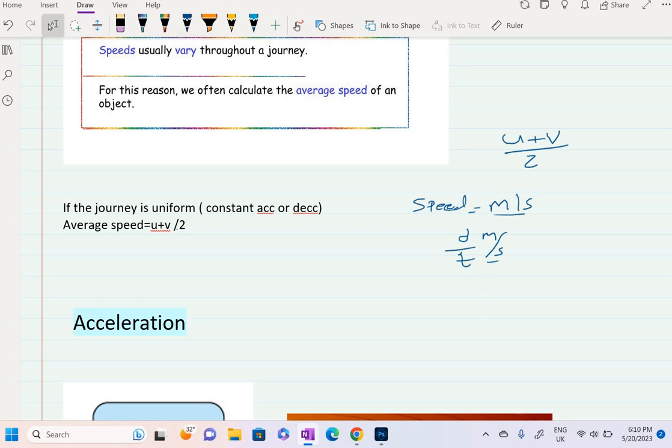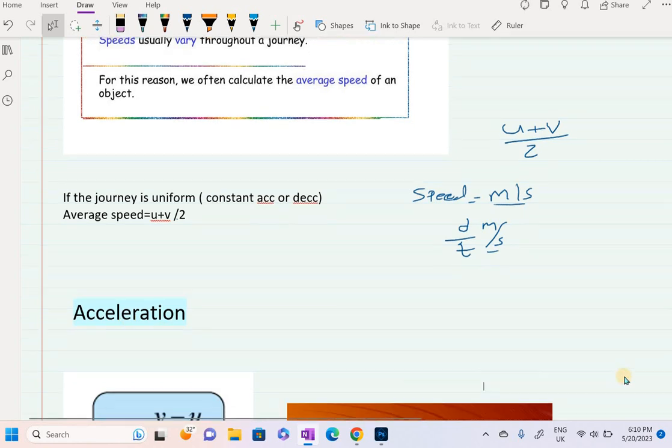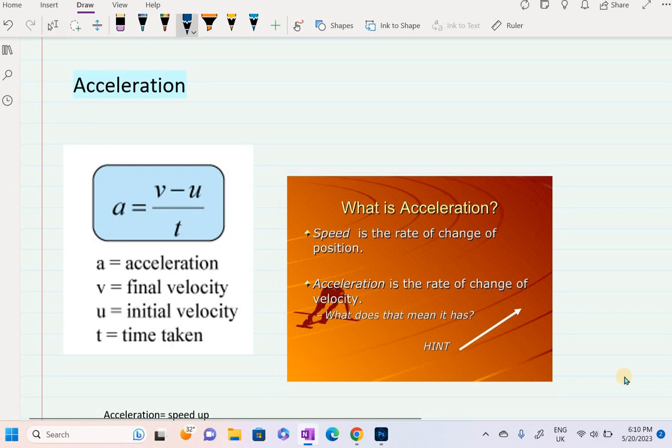so what about the acceleration? What is the acceleration? If the speed of the car changed during a period of time, then that means this car accelerates. Acceleration is the rate of change of the velocity. So velocity changes during a period of time. This rate means during a period of time.